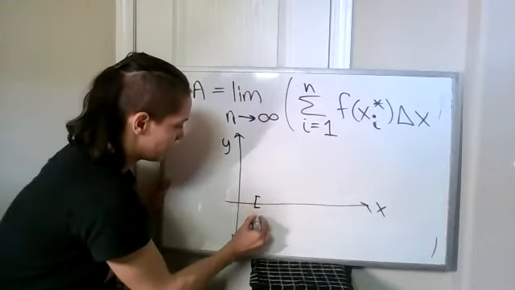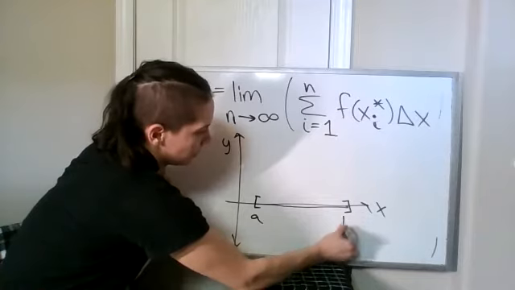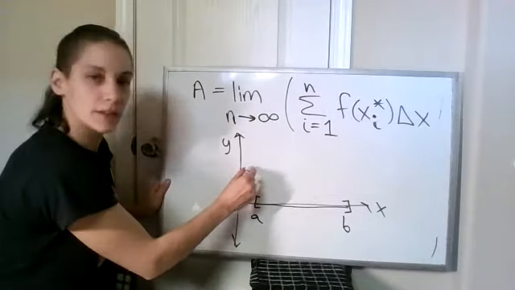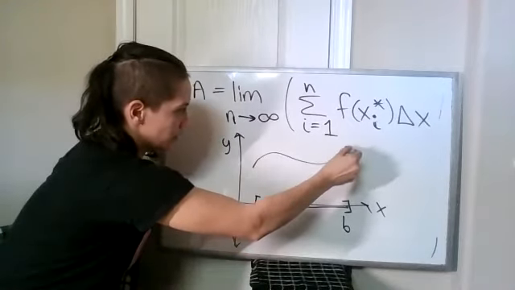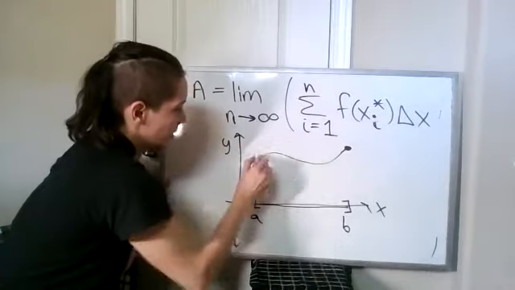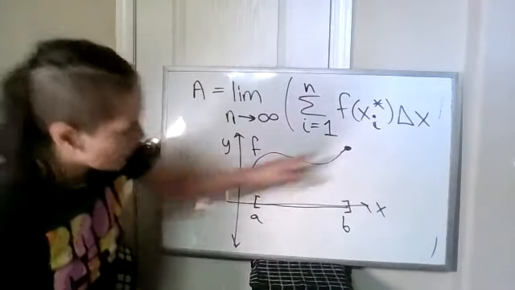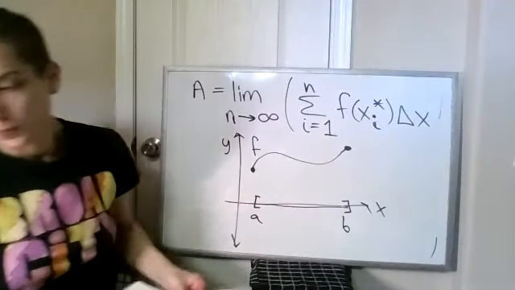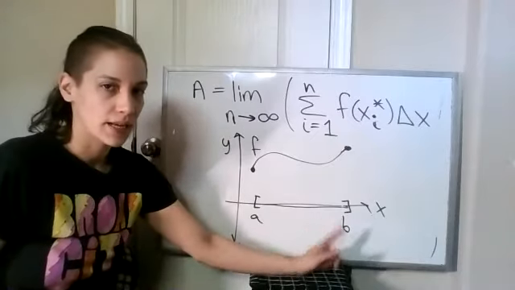Go over from A until you reach B. And then for your function, we'll just swoop. Called F. Okay, looks okay. And then A is called x naught. B is called x sub n.